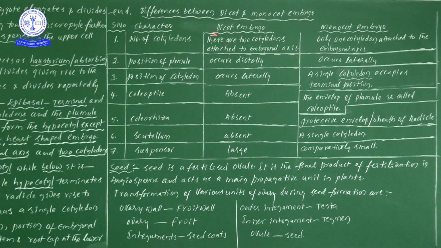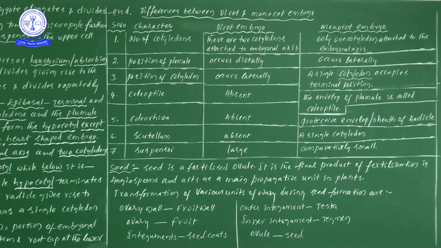So, differences between dicot embryo and monocot embryo: number of cotyledons, position of plumule, position of cotyledon, coleoptile, coleorhiza, scutellum, suspensor. Likewise we brought together some differentiation points and discussed them now. Next one, seed.